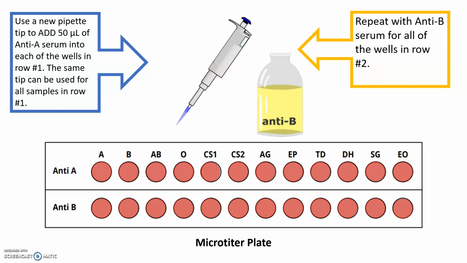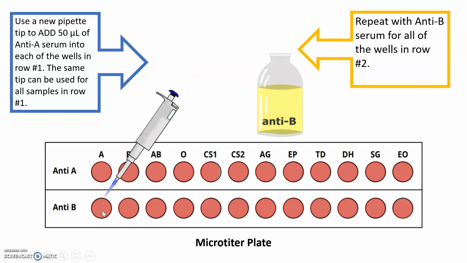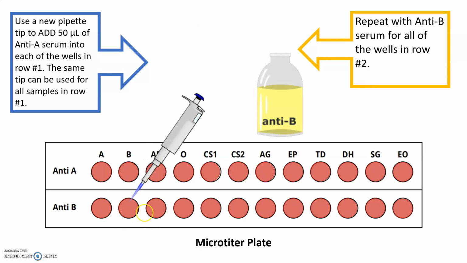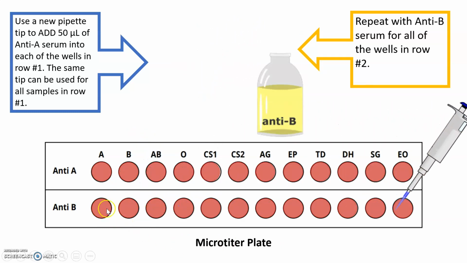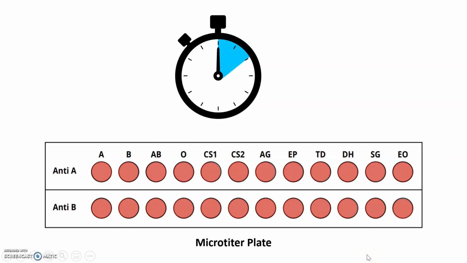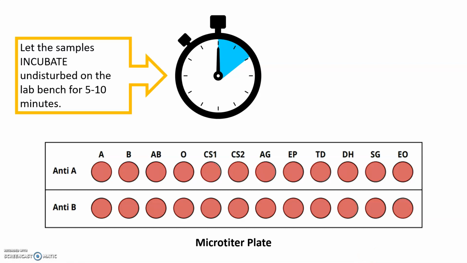And then you're going to use anti-B serum for all the rows in well number 2. So that's all of these. You're going to use the anti-B serum for all of them, and if you were doing this in lab, you would do that all the way down. Then you're going to wait, if you were doing it in real life.